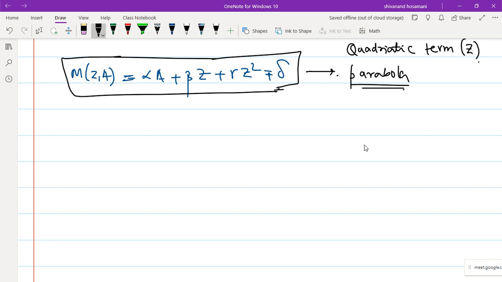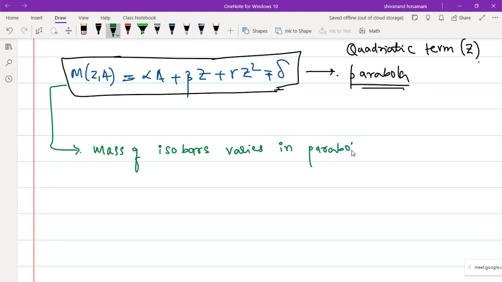So especially in terms of isobars, we can define. From this equation, we can define that the mass of the isobars varies in a parabolic nature.